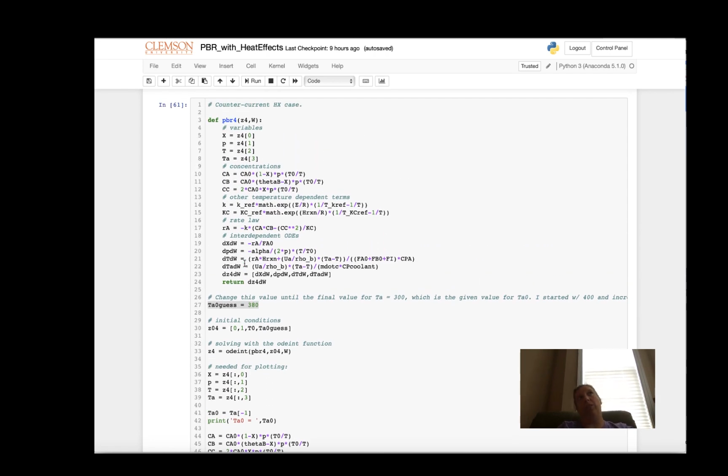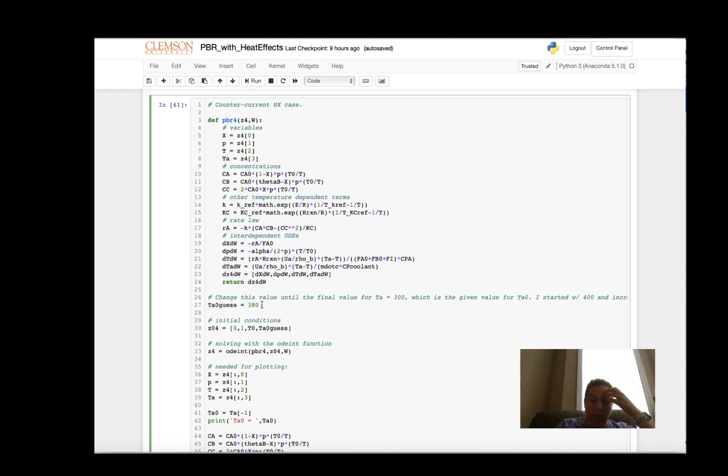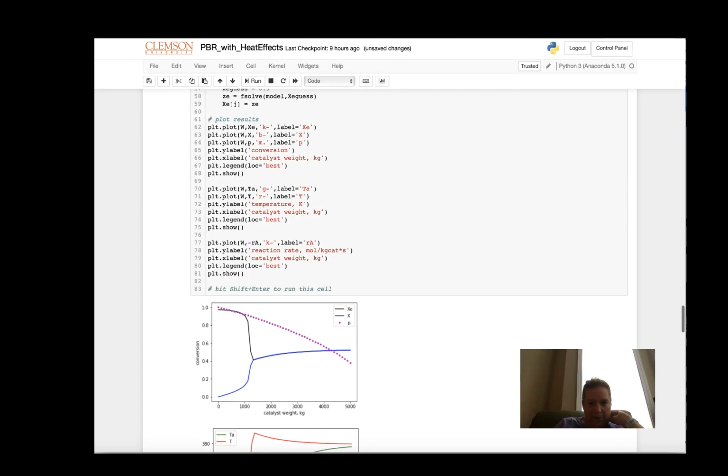You might as well consider that to be an additional unknown with an additional equation. I know what the temperature of T_A is at the final catalyst weight, but I don't know it at the reactor inlet, where catalyst weight is equal to 0. So I need to do guess and check. I already know the answer because I've already worked this problem, but my first guess is going to be about 400.